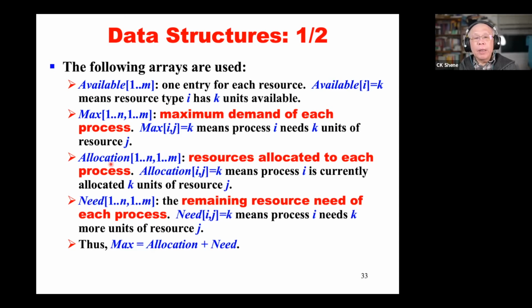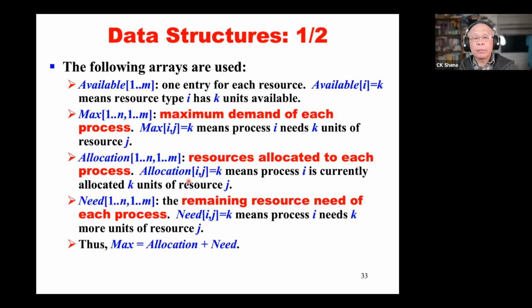So the array allocation indicates which process has how many units of which types. So this refers to resources allocated to each process. So allocation[i][j] equals k means process i is currently allocated k units of resource j.